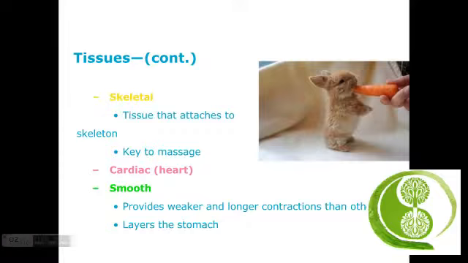And then we have the smooth muscle tissue as our third type of muscle tissue. This is sometimes called visceral muscle. Basically, it's typically in the layers of the stomach, in the intestines. It provides a long, weak contraction compared to the others.